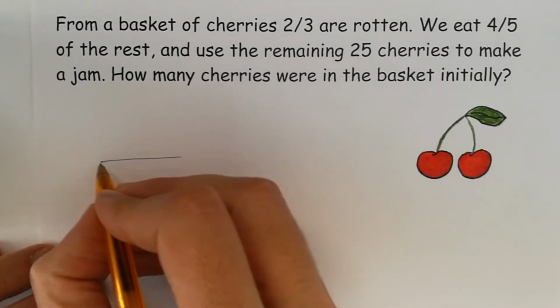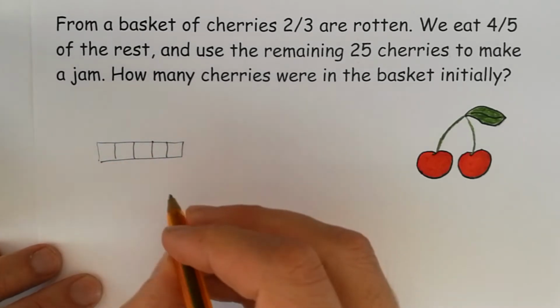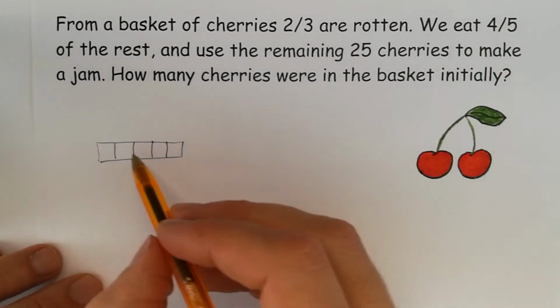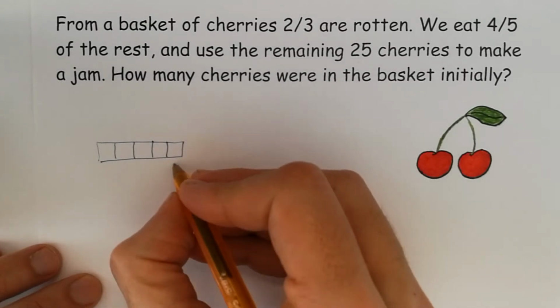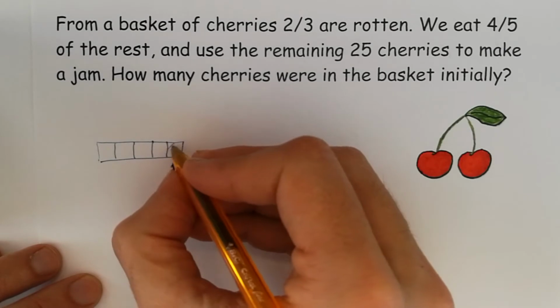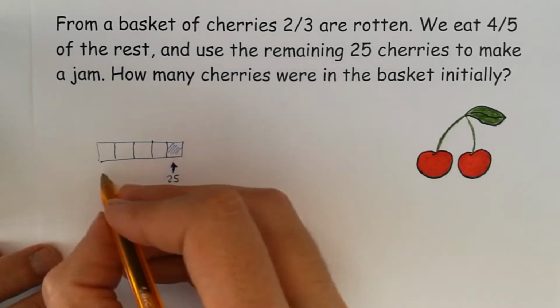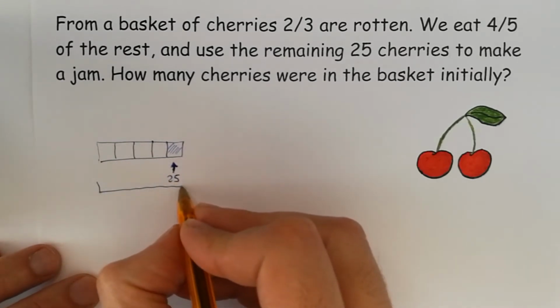It says that we eat 4/5 and the remaining, of course, if we eat 4/5, the remaining is 1/5. So this part are 25 cherries and is 1/5 of the rest.